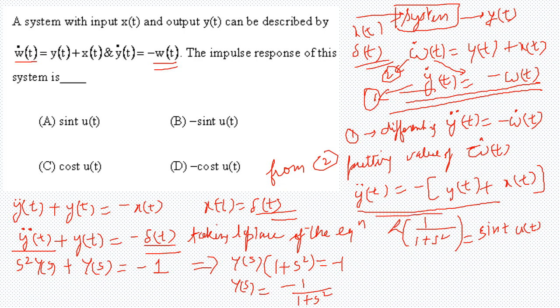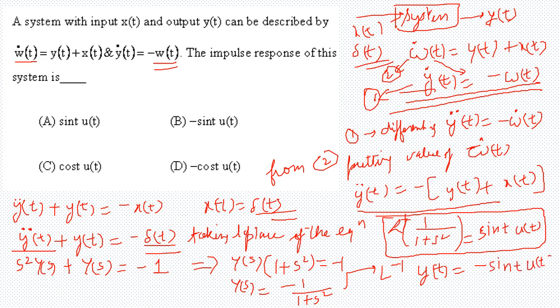So taking the inverse Laplace, we get y of t equals minus sine t u of t. From here we can see this is the answer. It matches with option B. So option B is the correct answer for this question.